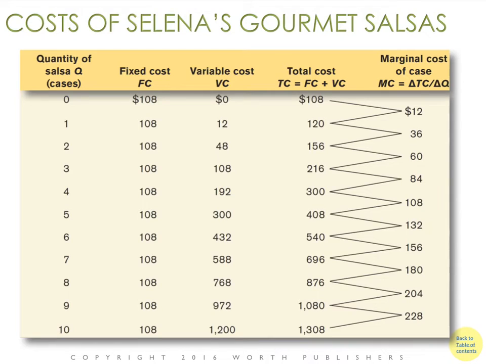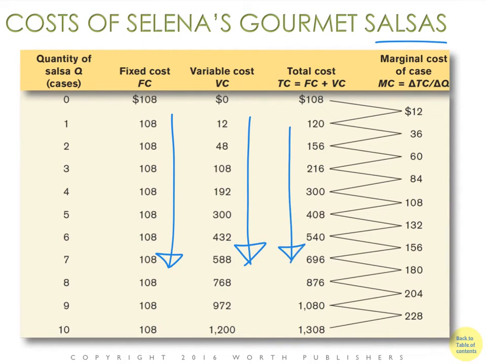And here's another look at it. This is a different production process. This is salsa, and the fixed cost remains 108 no matter what level of production we have, but variable cost increases, and we can see that total cost increases as we increase output. The increase in total cost coming from increases in salsa is found by the change in total cost divided by the change in quantity of salsa.